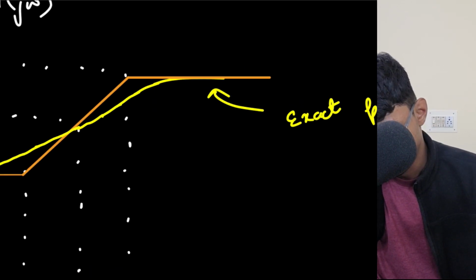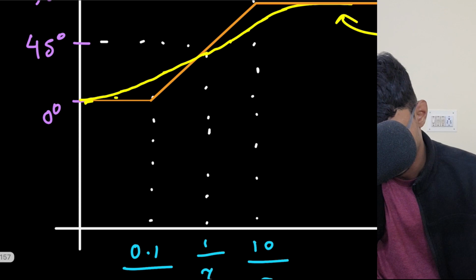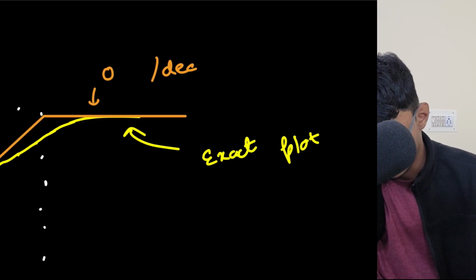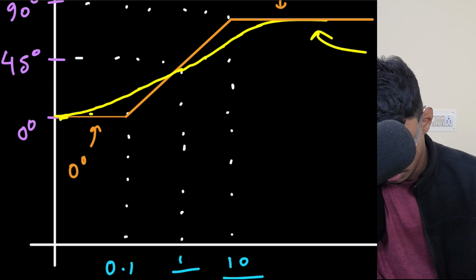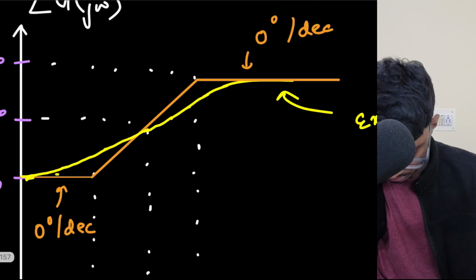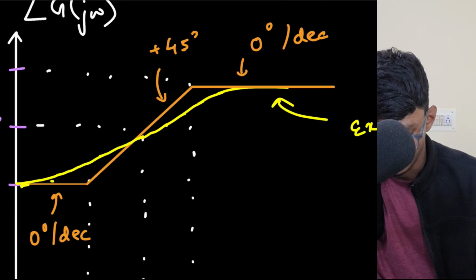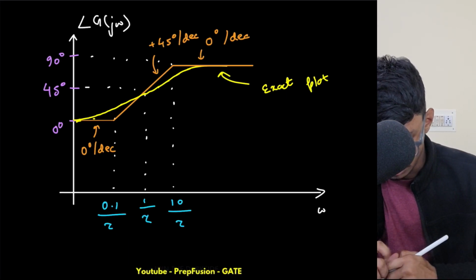This is not dBs, this is 0 degrees per decade, and this is also 0 degrees per decade. And this is plus 45. From minus 45 this becomes plus 45 degrees per decade. Okay, so yeah, this is the approximate plot.